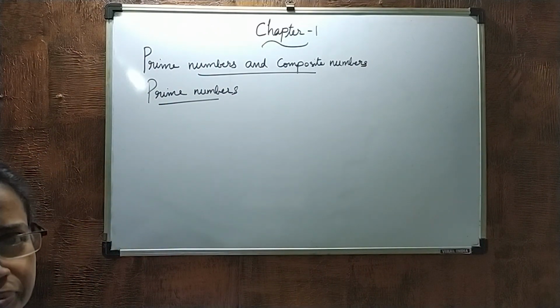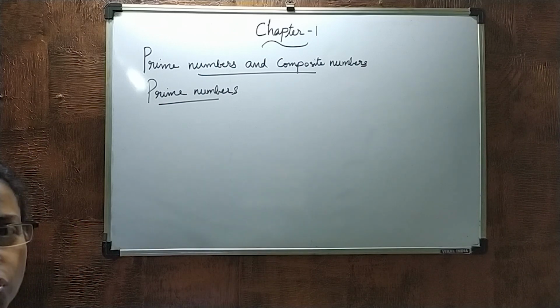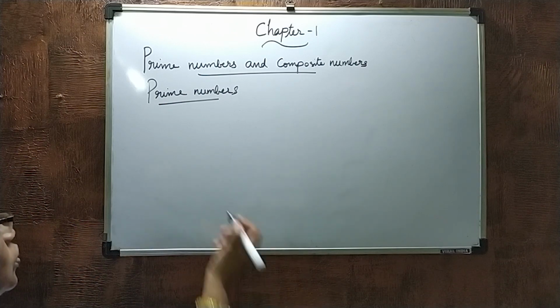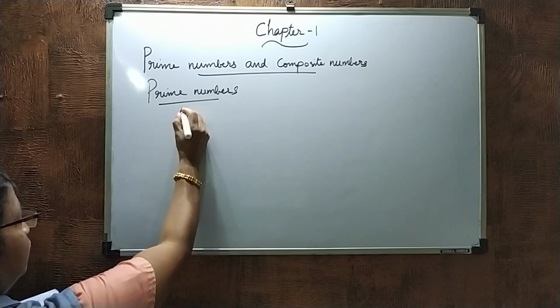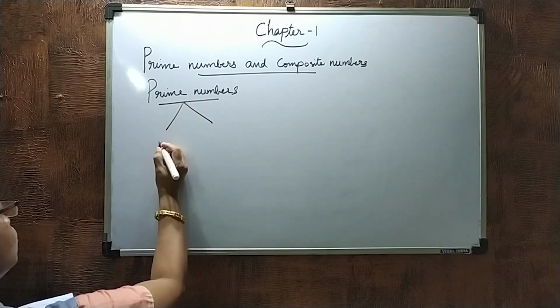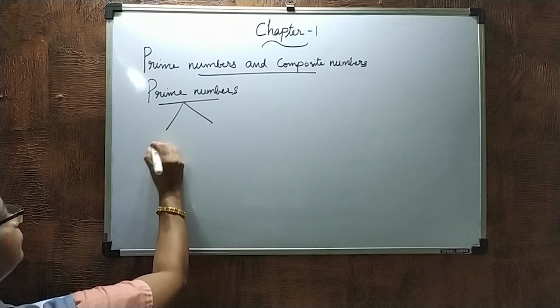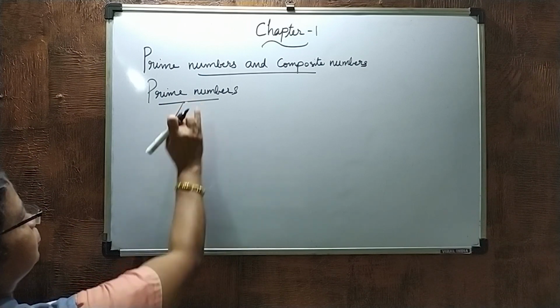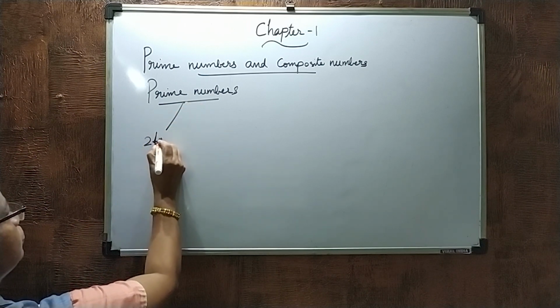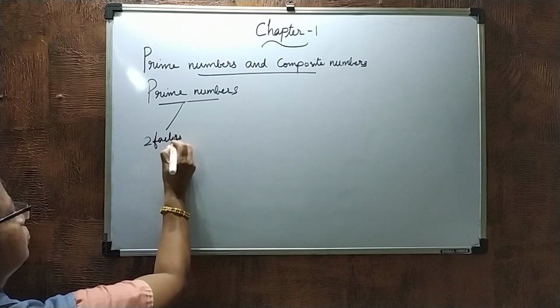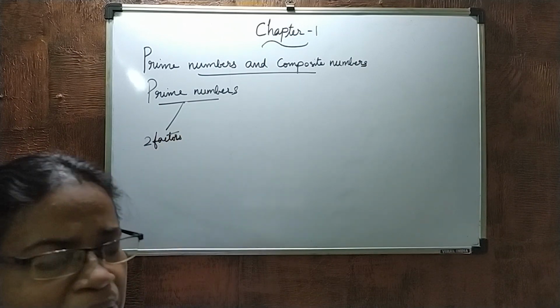A prime number will have two factors. So a prime number has two factors. Then what is a composite number?